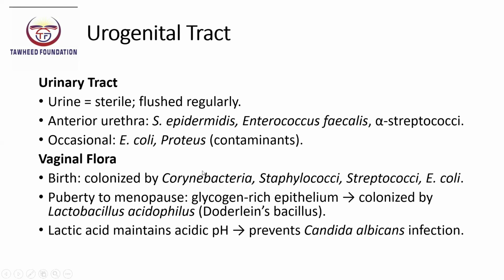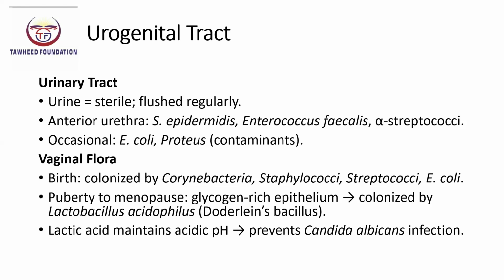So next is the urogenital tract. Urine is normally sterile, and since the urinary tract is flushed with urine every few hours, microorganisms have problems gaining access and becoming established. The flora of the anterior urethra, as indicated principally by urine cultures, suggests that the area may be inhibited by a relatively consistent normal flora consisting of Staphylococcus epidermidis, Streptococcus faecalis, and some alpha hemolytic streptococci.